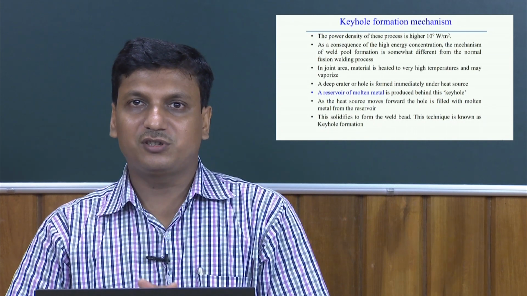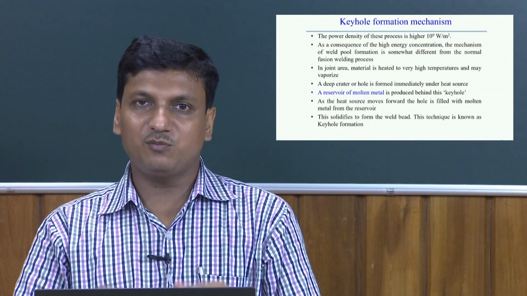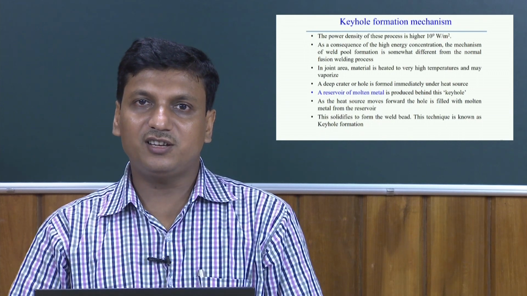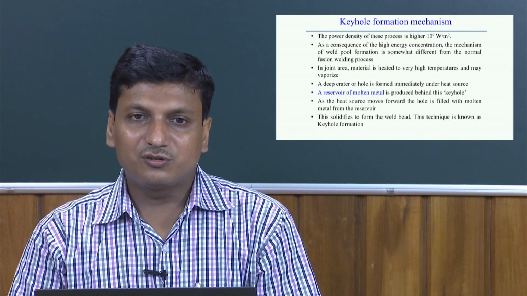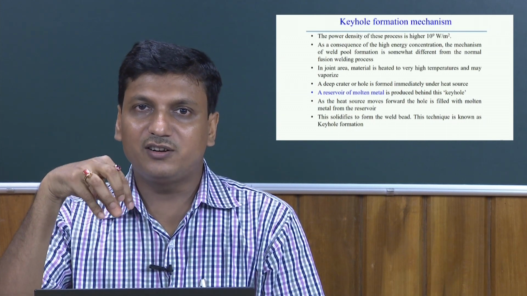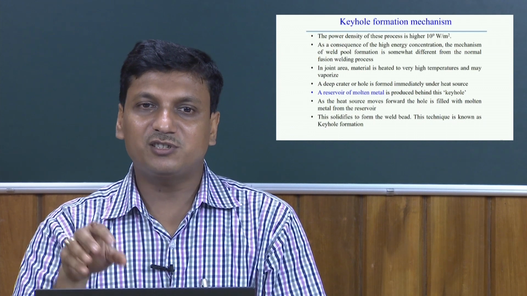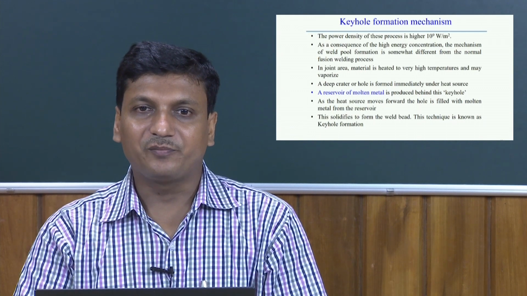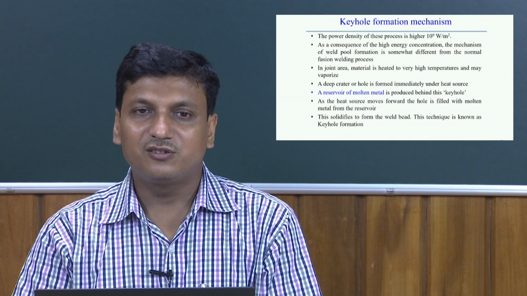So, when it vaporizes the material, a deep crater or hole is formed under the heat source. But at the same time, when the electron beam produces the deep hole, some reservoir of material may exist behind this keyhole.